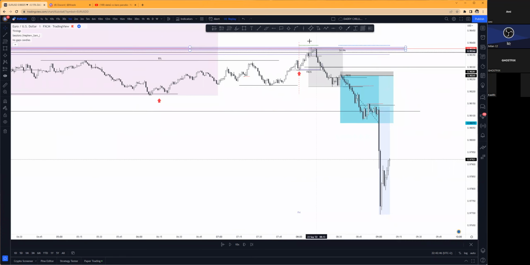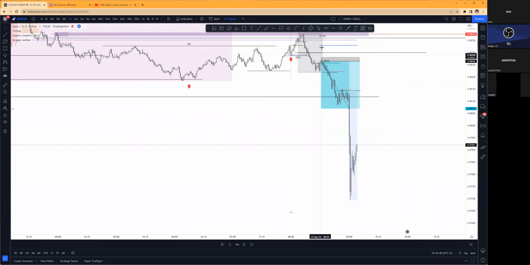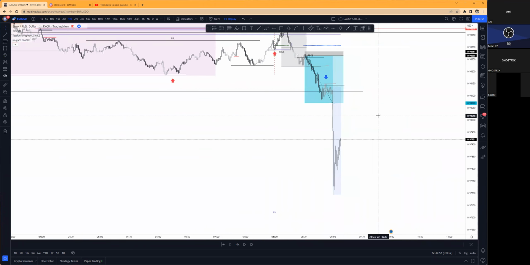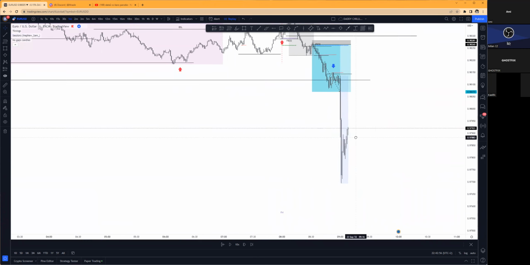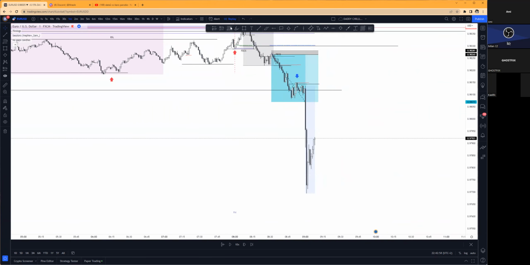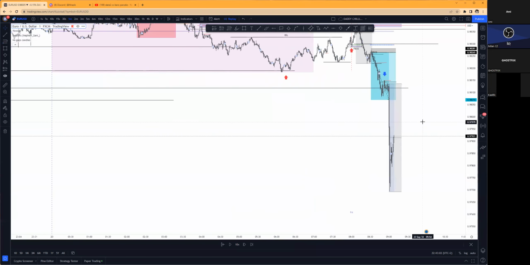This high would be my liquidity point in the future to look for a reaction from, as it induced people into the wrong direction. It would be an inducement high for the future. But you know, price is just too bearish.